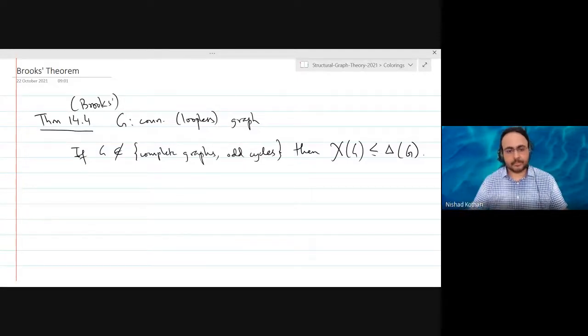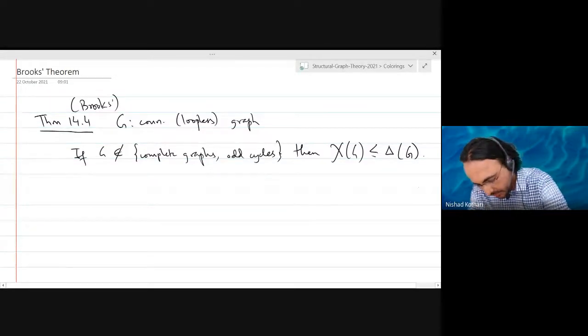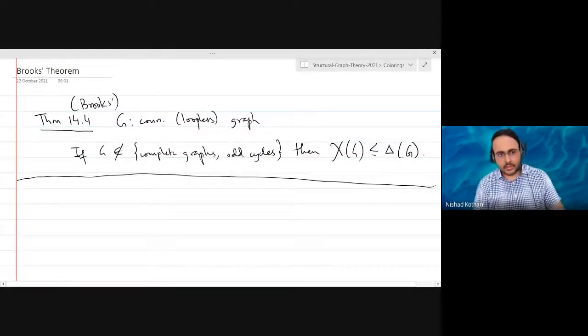All right. So as we discussed yesterday, the plan to prove this theorem is by showing the existence of a special kind of spanning tree, right? And we will show that all graphs, except for complete graphs and cycles, have it.